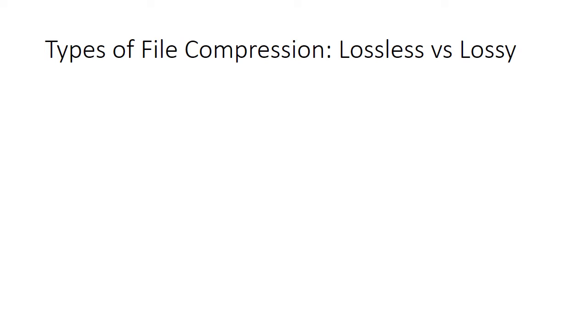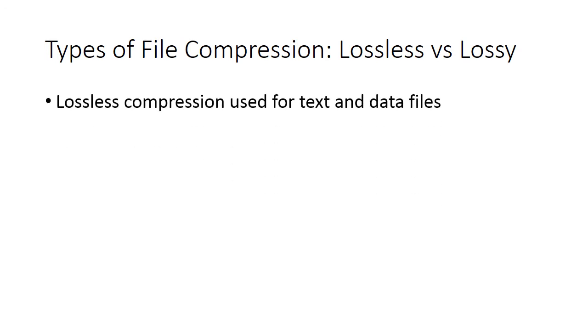Now, you might wonder what the advantages of one over the other is. Well, for example, if you're sending a text file, lossy compression is difficult because you're actually removing the information, and you pretty much need all of the information in a text file or a data file, okay? So you can use lossless techniques for text files and data files, which don't tend to be that large anyway.